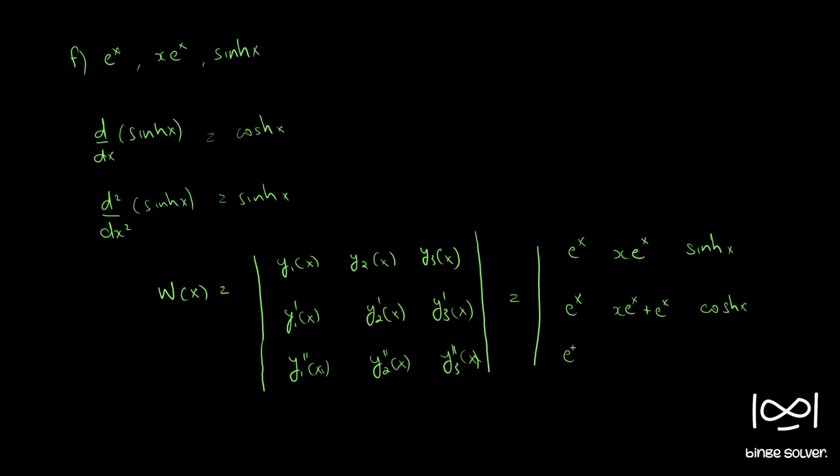So this becomes x e raised to x plus e raised to x plus e raised to x, which is plus 2 e raised to x, and sin hx.